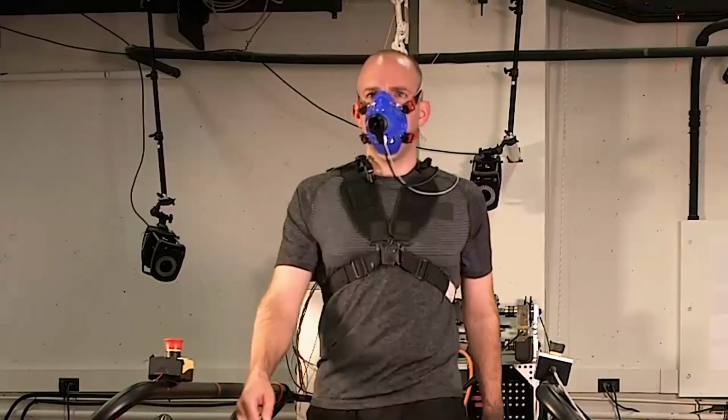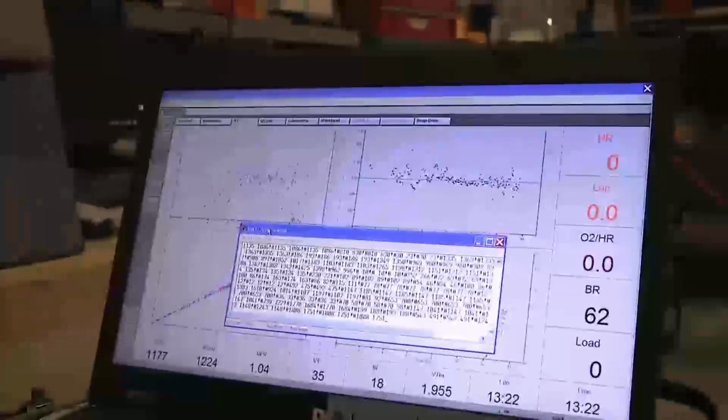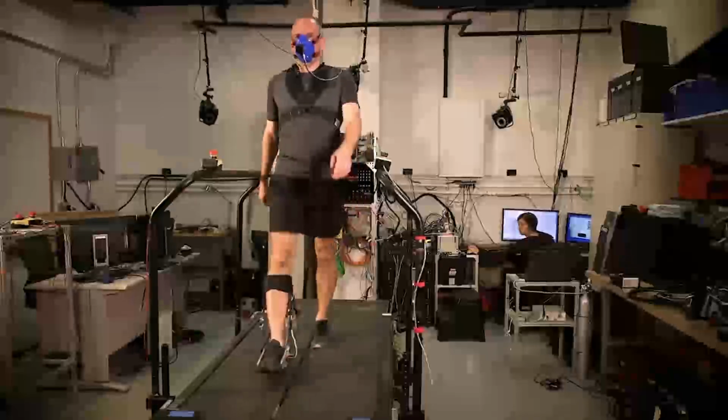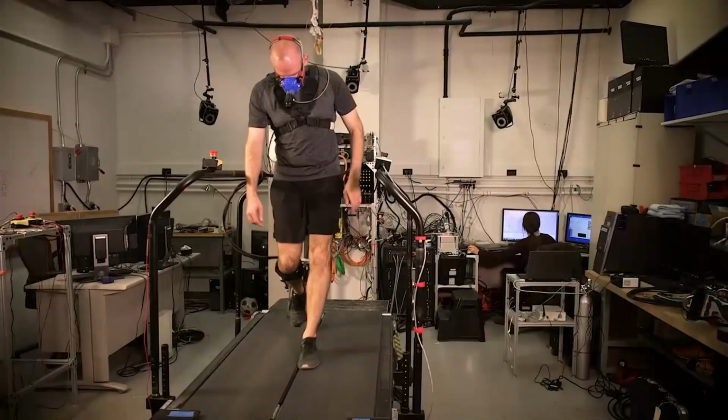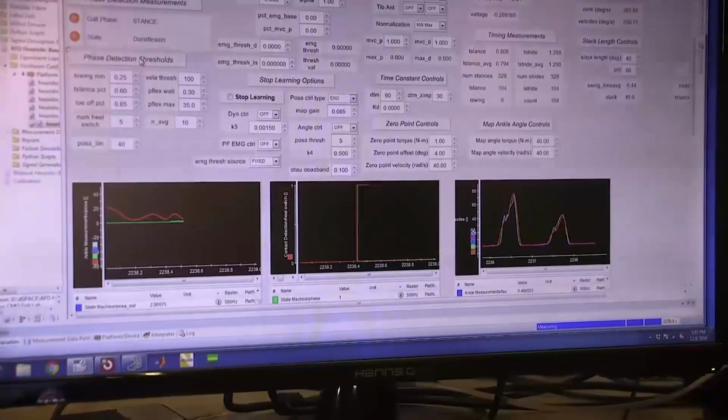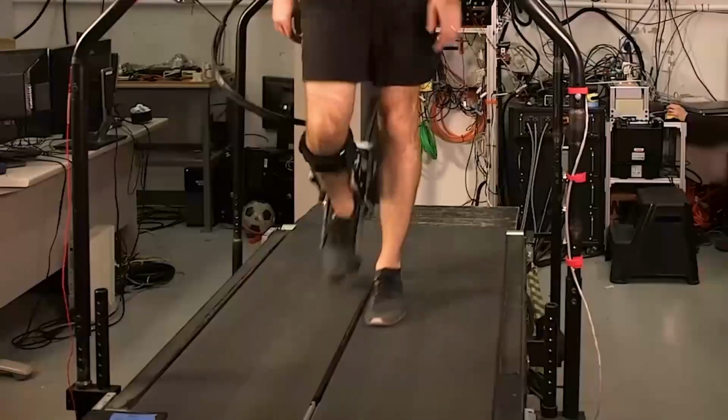Steady-state energy cost is estimated by fitting a first-order dynamical model to 2 minutes of transient data. The control law is then changed, and metabolic rate is estimated again. This process is repeated for a prescribed number of control laws, forming one generation.